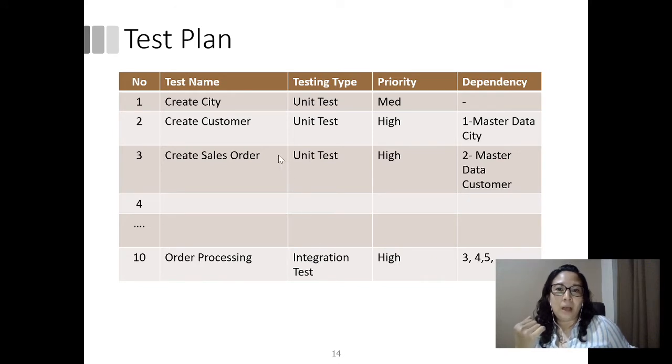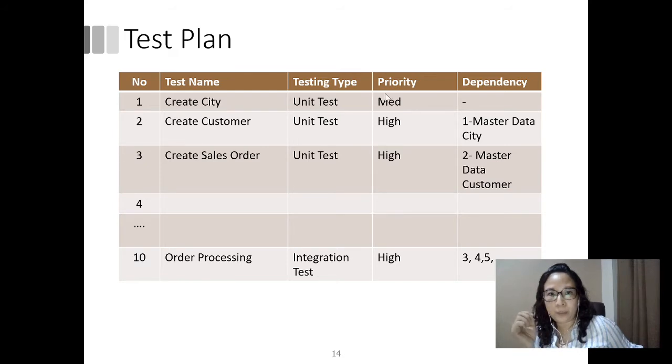Okay, so for example, in here I put the test name as create city. For example, you need to input the city into the system. It means you need to make sure whether the application can already input the city into the system or not. Because the city is a single activity or single menu in the system, we call that a unit test.